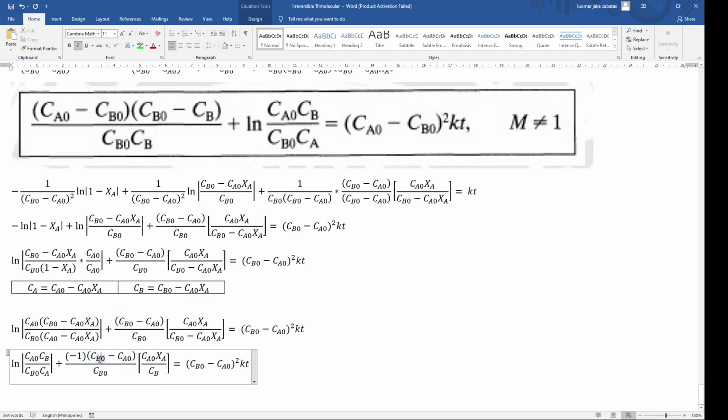So this will become C_AO minus C_BO multiplied by C_AO x_A, then ang baba multiplied by C_B. Siya.